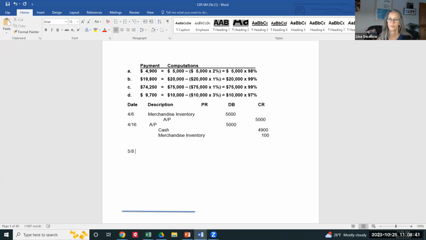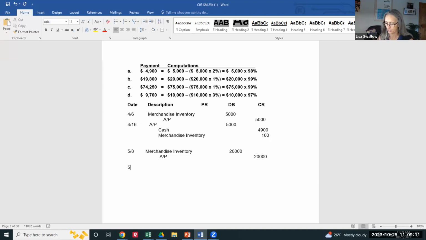Then, so I got the dog houses, and I owe my vendor 20 grand. Now I've got 15 days to pay this and still get my 1% discount.